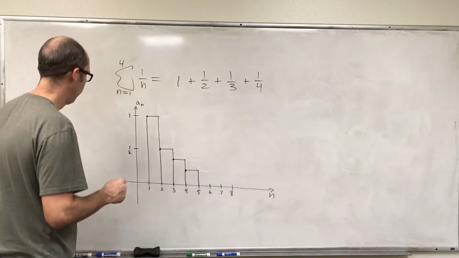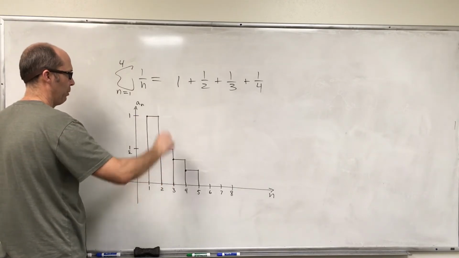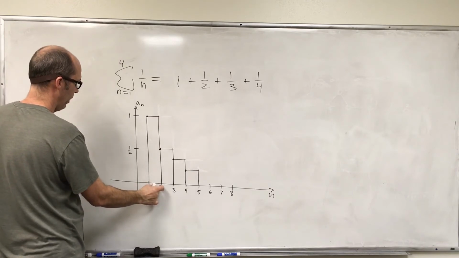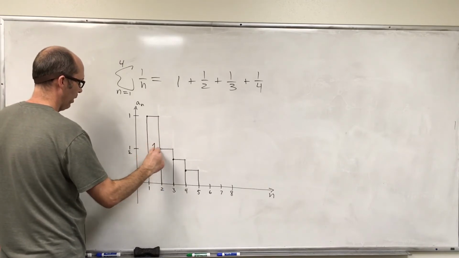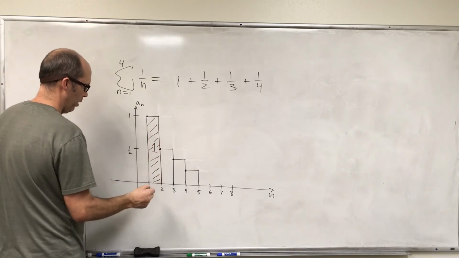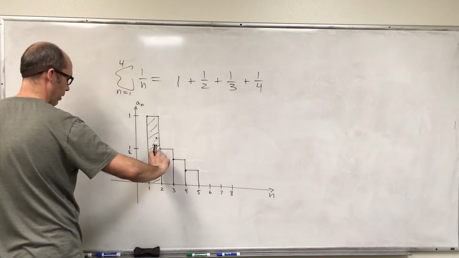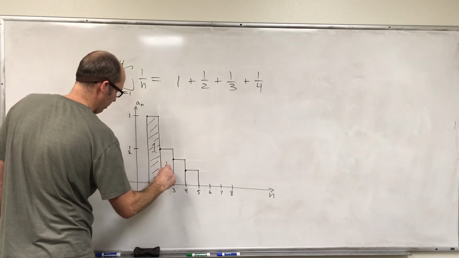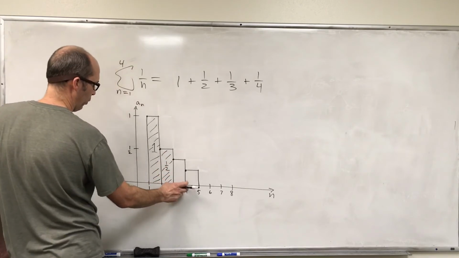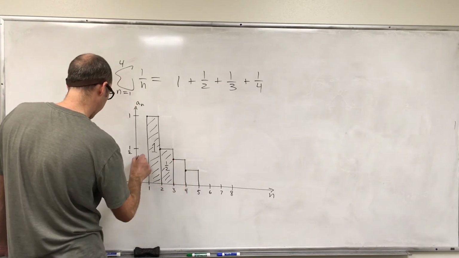Okay, so you can see that this is the graphical representation of this sum. This rectangle has width 1 and height 1. So that's 1. This rectangle has width 1 and height 1/2. This rectangle has width 1 and height 1/3.